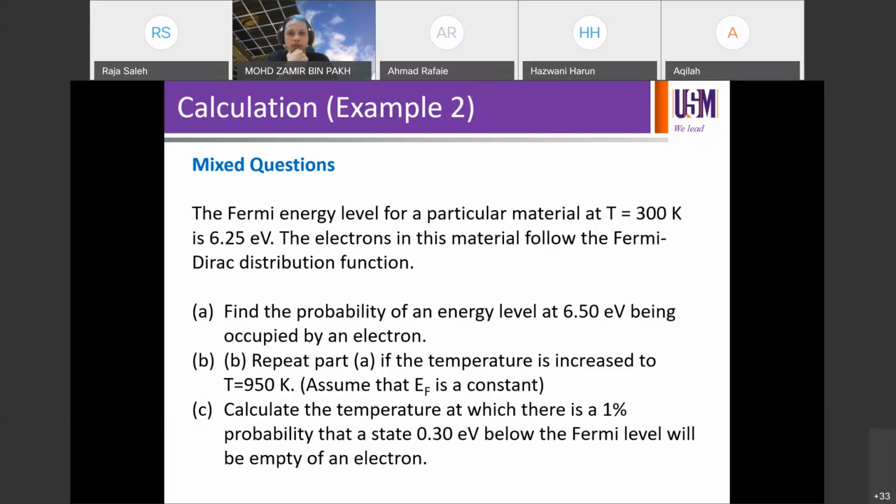Okay, two to three years ago, I used the very same question in the final exam, exactly the same question as what was discussed in the class, and still some students got it wrong. Where did they get it wrong? They got it wrong when they wanted to translate the information in the statement, in the story, into the equation.